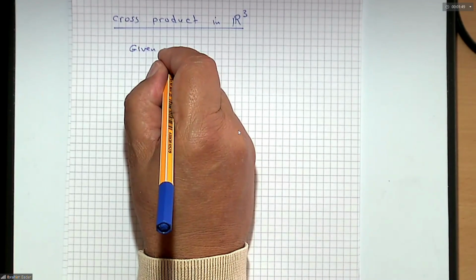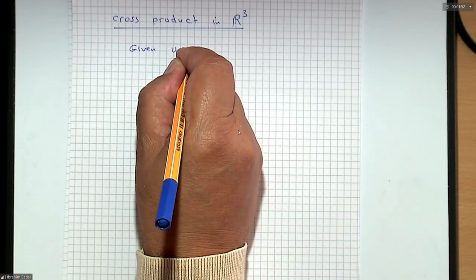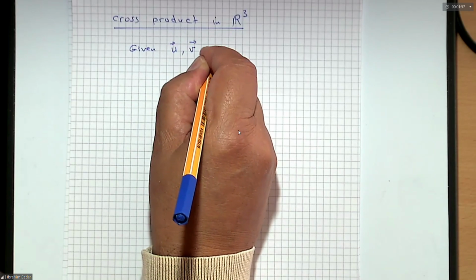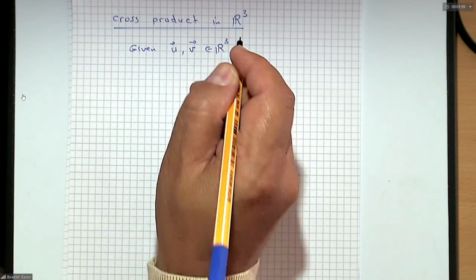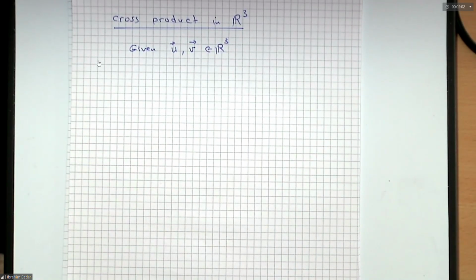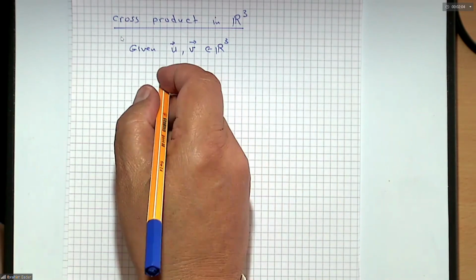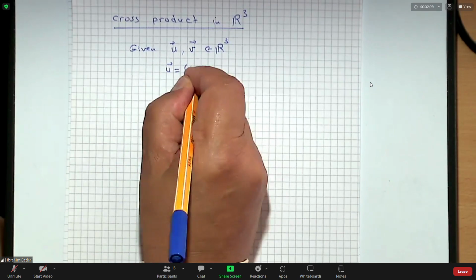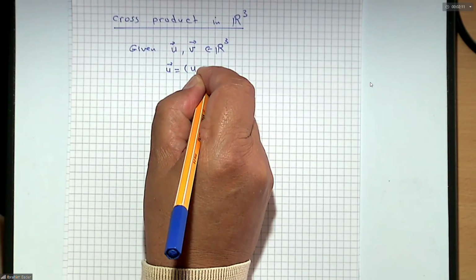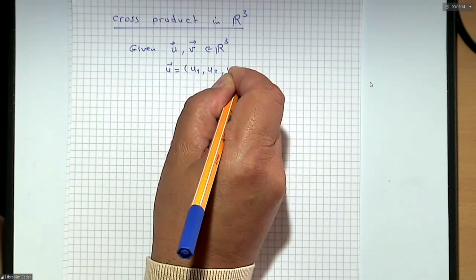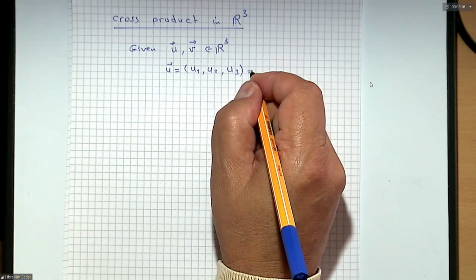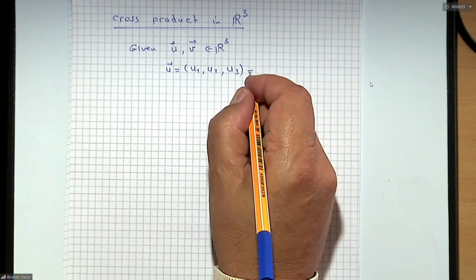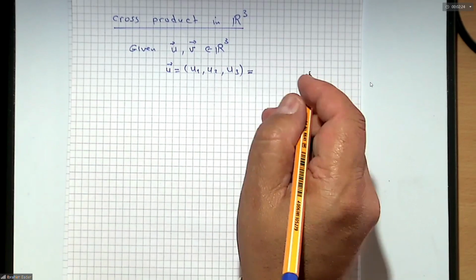Let's say two vectors U and V. So we start with two vectors. You can just assume that U equals, let's call them U1 or Ux, U1, U2, U3, which can also be interpreted using the unit vectors we agreed upon earlier.